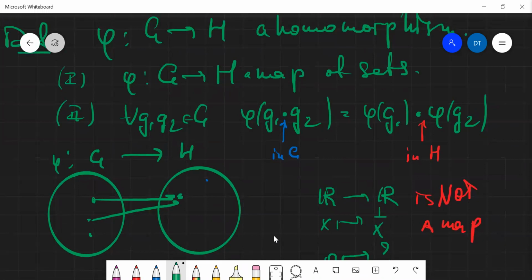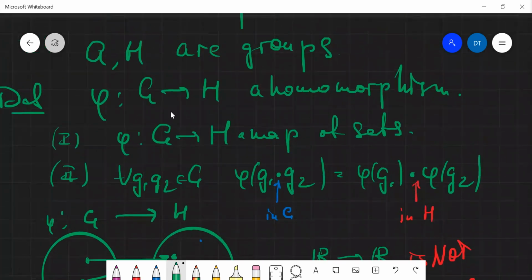Is it only for multiplication or does it work for other operations? Well, what are the other operations? If you are given a group G, then you have this specific operation on the set G, and if you are given a group H, you have this specific operation on the group H. So you must preserve these two operations in this sense, but you may have no other operations on these sets.